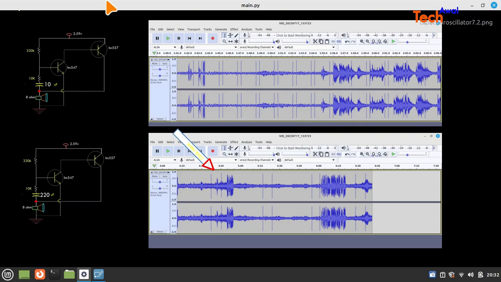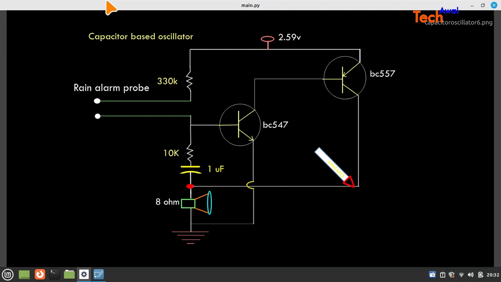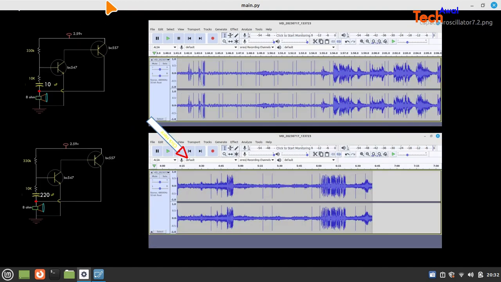Okay, so now we will see that we have added to the circuit the collector of the PNP transistor. This PNP transistor is connected near a speaker. Can we connect it to the sink and let it charge and discharge through this base only? So that we will see.